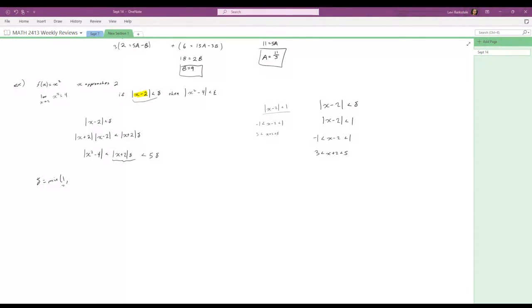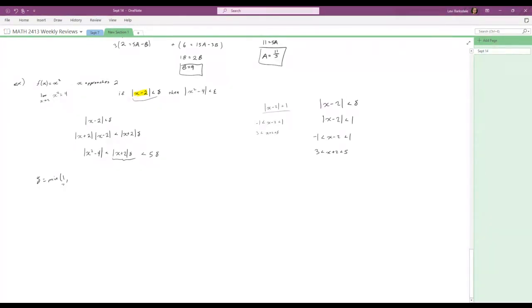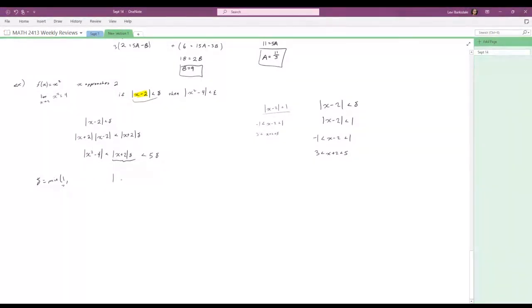Yeah. It's a bit weird to think about why we're ignoring all the big ones. But basically we just don't want to have to focus on them when we can pick an easy delta that'll work for all of them. We still have to look at the little ones. So now I'm saying, using this inequality, the absolute value of x squared minus 4 is smaller than 5 delta, and it's also smaller than epsilon.